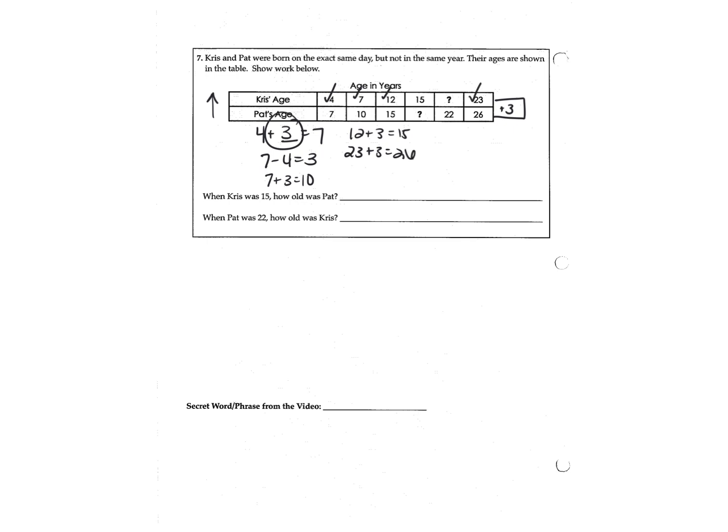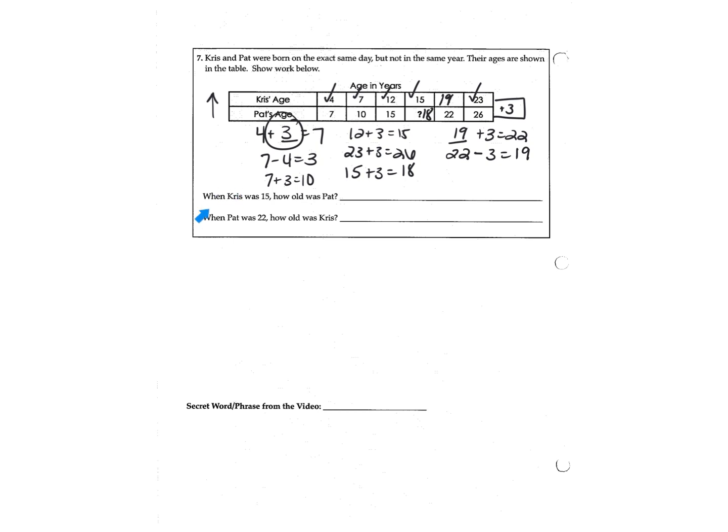Now we can find these missing numbers. 15 plus 3 will tell me Pat's missing age, which is 18, and that works. Something plus 3 equals 22. I have to do the inverse operation, which is subtraction. 22 minus 3 equals, check your work, 19. So Chris's missing age is 19.